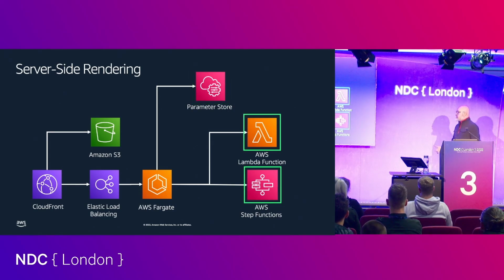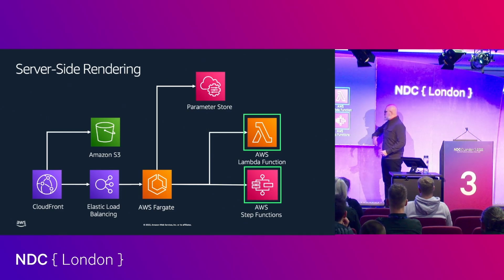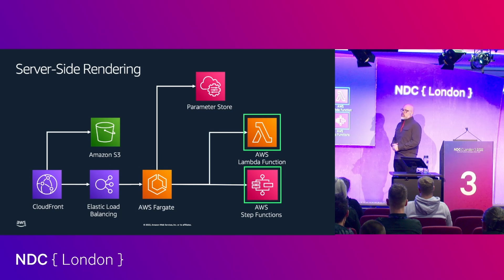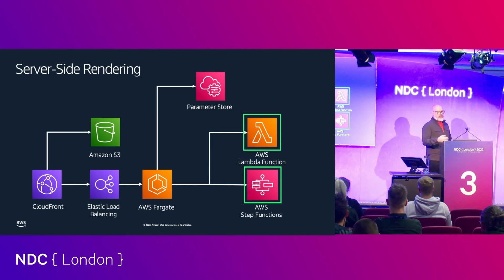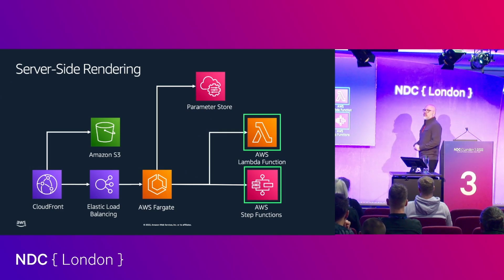Micro-frontends can be expressed in several ways. It can be a container, it can be a Lambda function, it can be a Step Function. A Step Function is an orchestrator service that we have in AWS that is a low-code implementation. Therefore, you define a state machine. We will see an example of how it works. But basically, you define a state machine, and you can directly connect to over 200 services in AWS without writing a line of code.